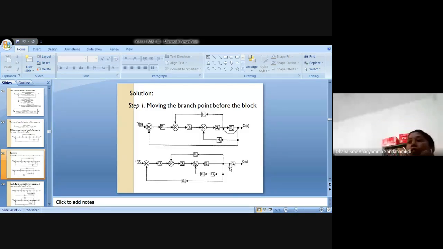You can do either way: either move the branch point ahead of G4, or move this branch point before G4. It's your wish. It is not necessary that everybody should solve the problem in the same way.